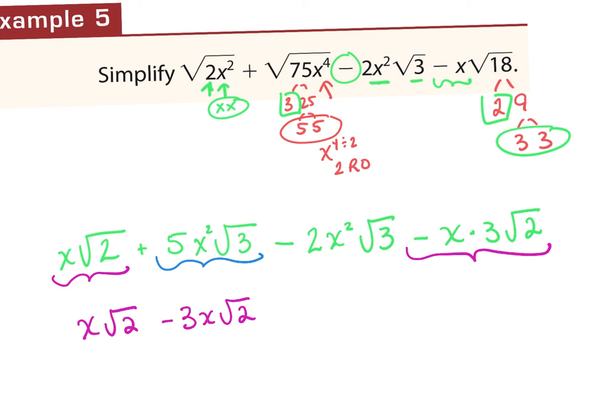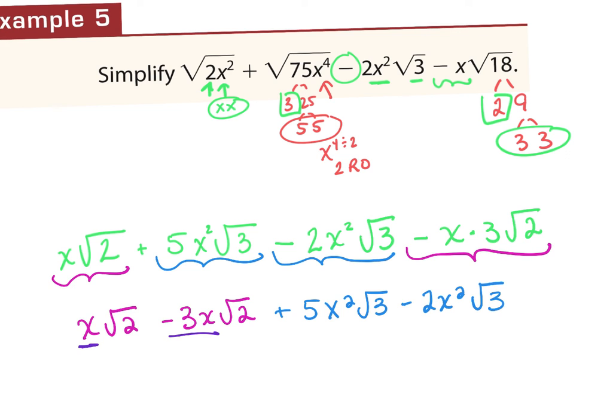5x squared. And minus 2x squared, right? They both have like terms on the outside. They have like radicals on the inside, right? You don't necessarily have to group them this way. You can just add them as you go, but I'm just showing you. Once you have them paired up, you just subtract.